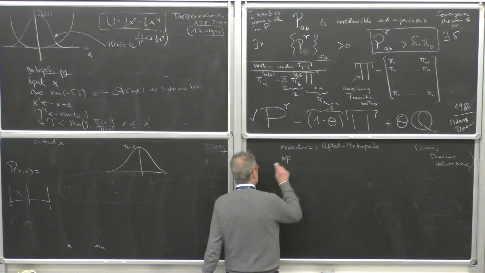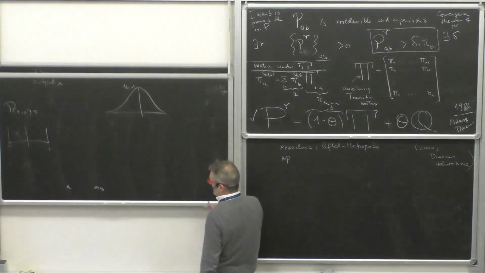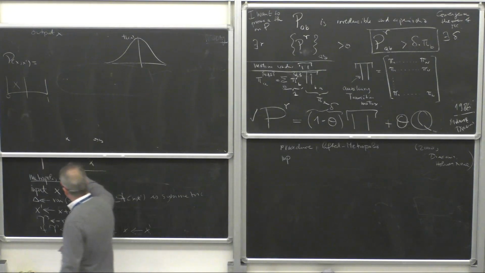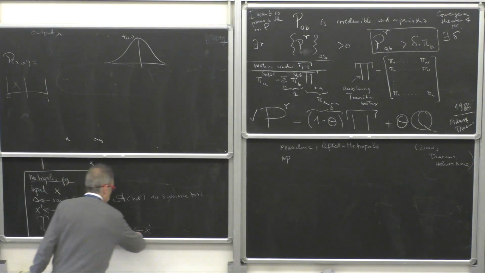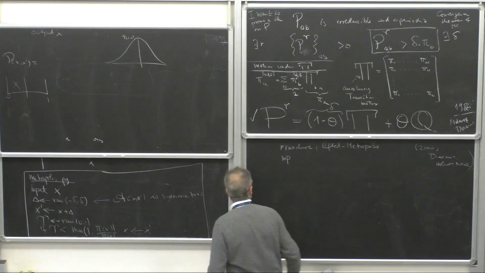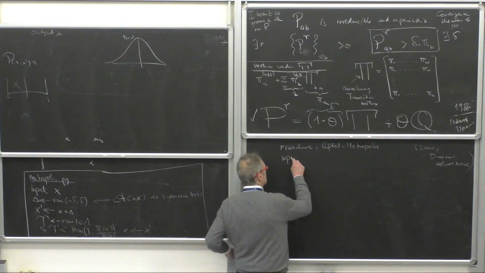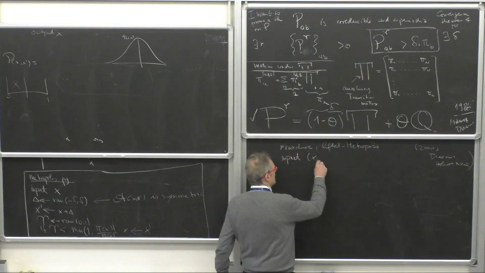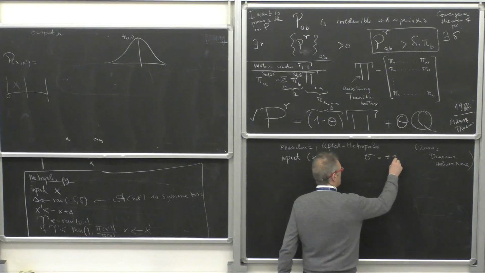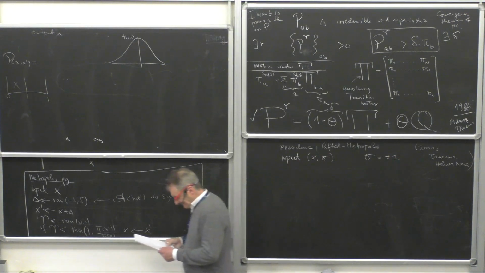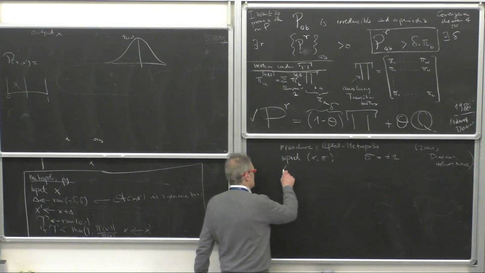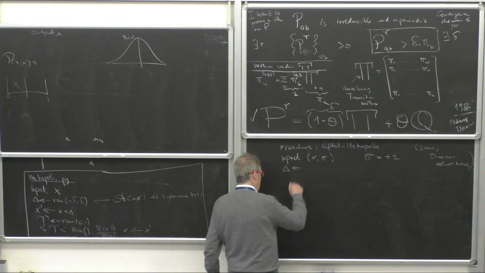Input. Okay, so this is the algorithm Metropolis. And this is another algorithm. Input x, sigma. Sigma is plus or minus 1. Delta. Patrick, are you listening to me?